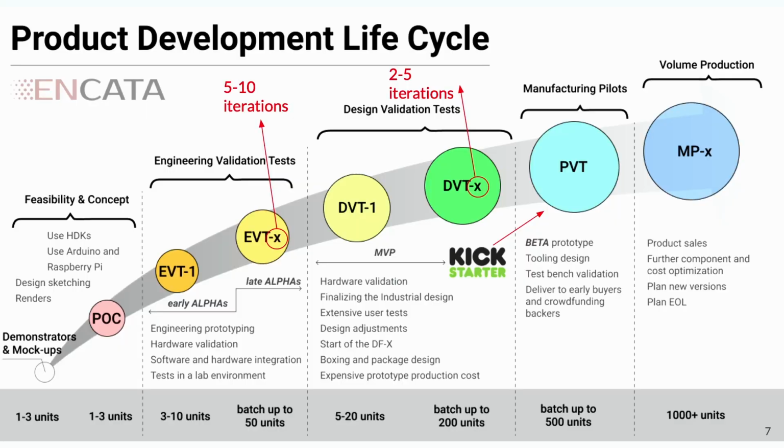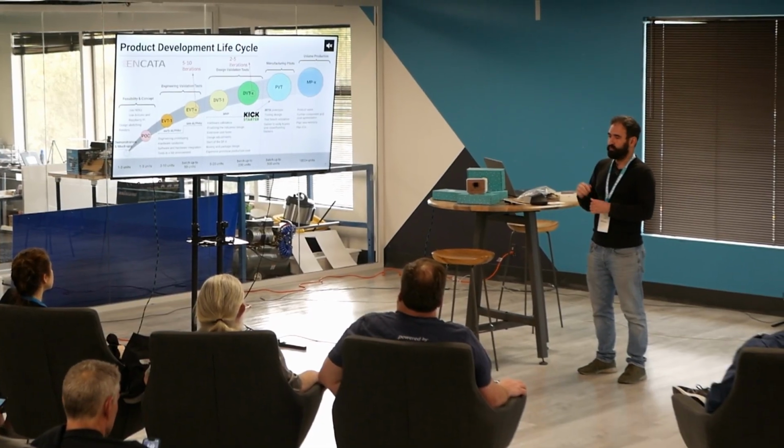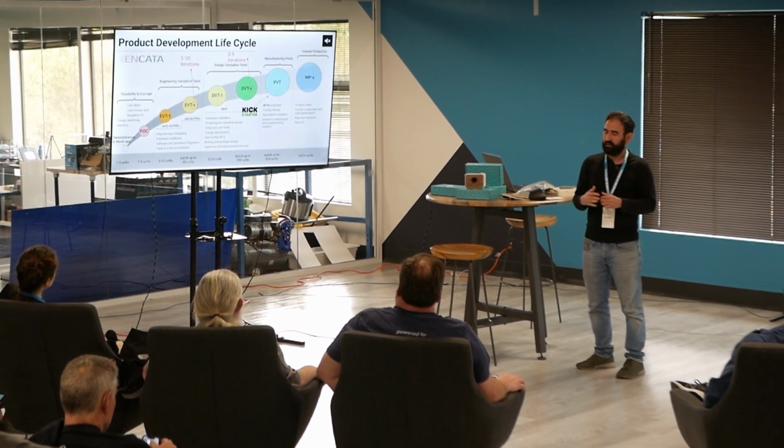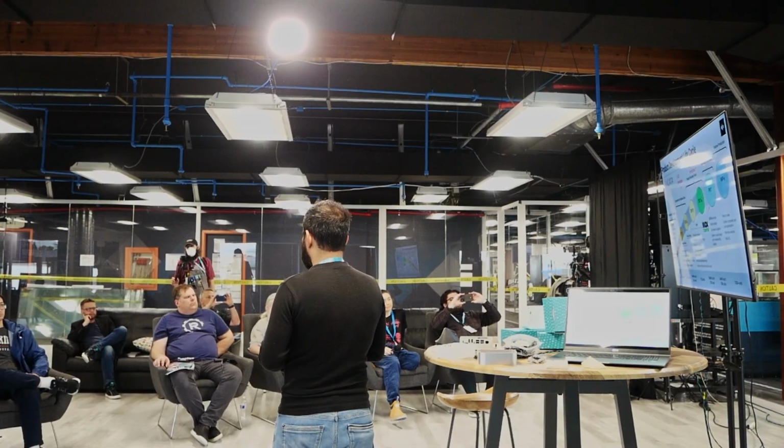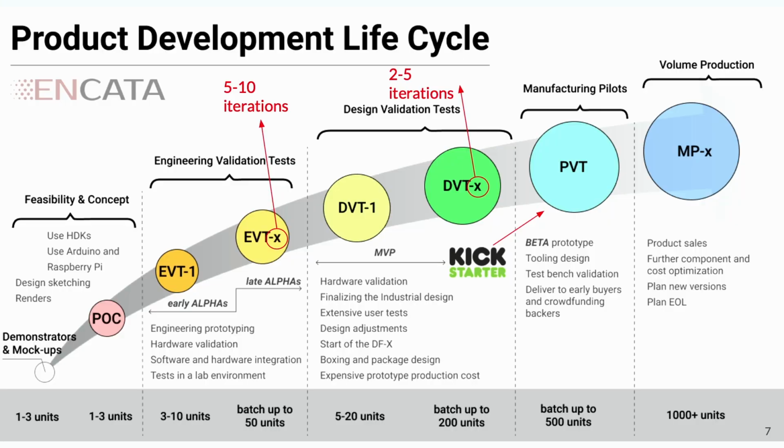The more you go through this process, you have to make more units, do more testing, and then at some point lock down your design, make no more changes, and improve your process. The more you go to the right, the more process improvements and fewer design improvements.